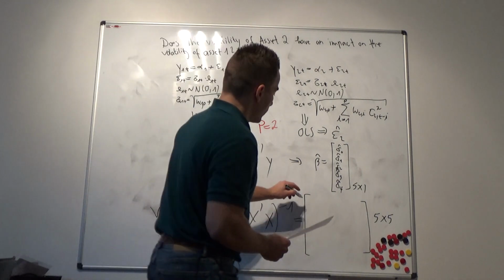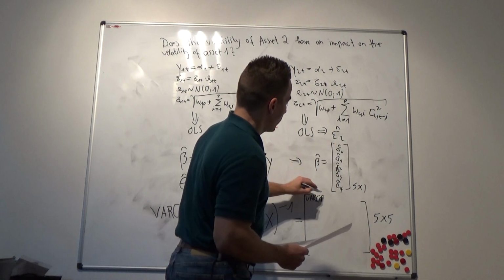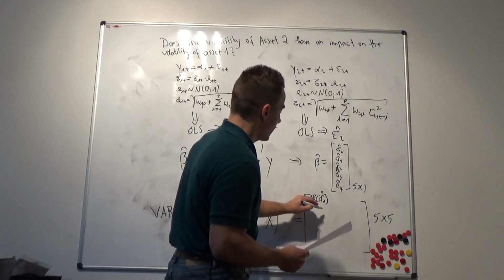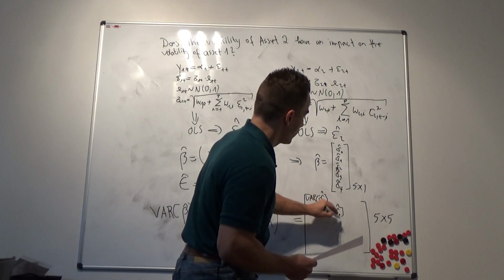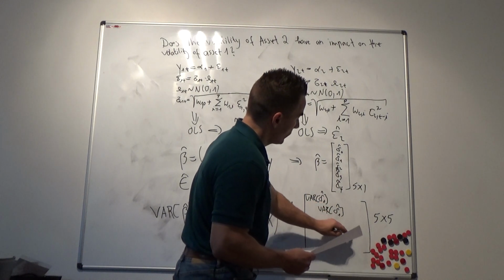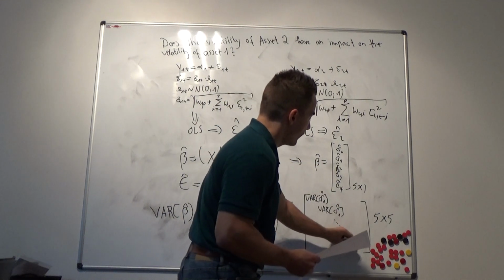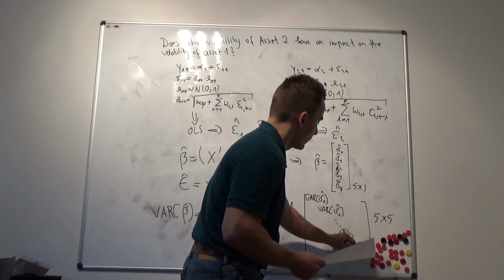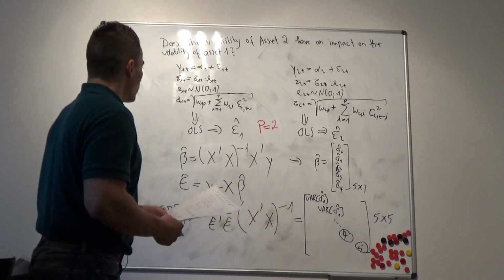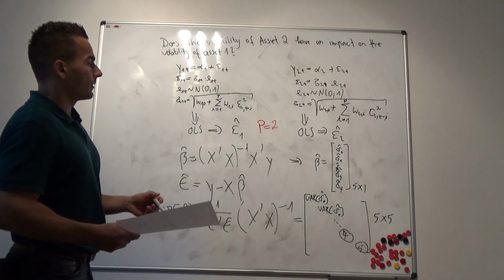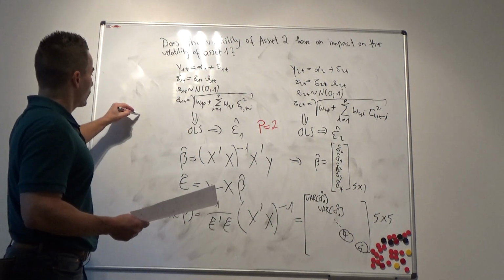The first element on the main diagonal is the variance of delta 0, the second element on the main diagonal is the variance of delta 1, and so on. We are interested in the fourth and the fifth element on the main diagonal of that matrix. So we estimate the t-statistic for our delta hat 3 and delta hat 4, very simple, like we usually do.